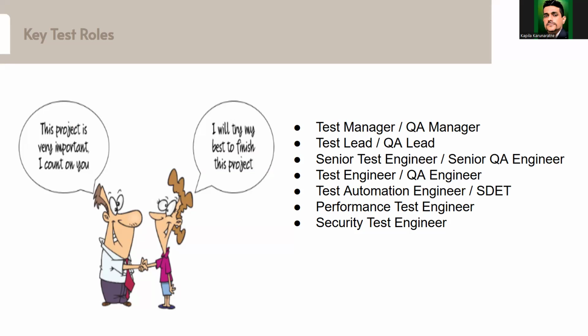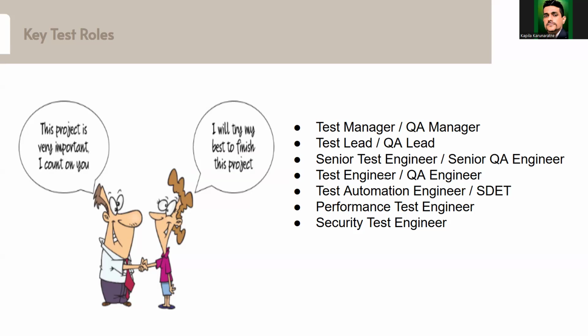But you need to understand which effort is going to map to which specific role, because you can't plan the test execution effort for a test manager, and you can have multiple test managers, right? You have to plan execution for a test engineer. You have to plan test design for a senior test engineer, right? So you can't plan test design for test engineers.